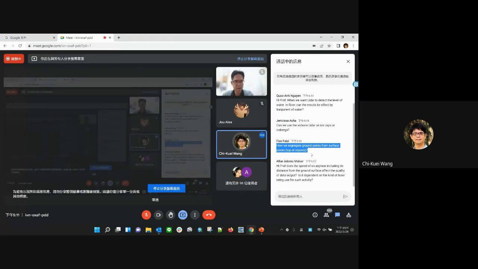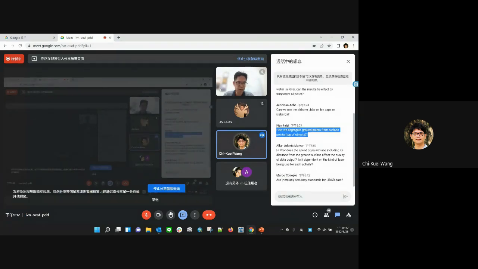There are a lot of literatures talking about how to separate the ground points from the rest of the points. But I think the easier answer for you is the commercial softwares, or sometimes the free softwares. They offer these functions, and you can just use that.